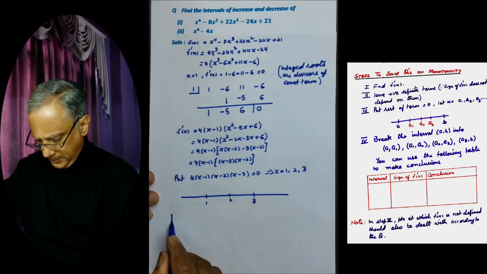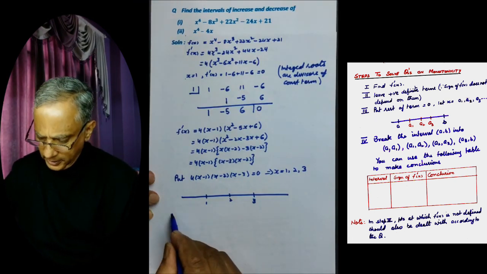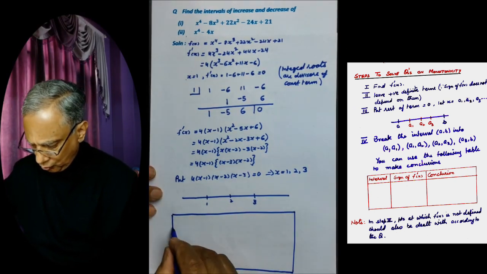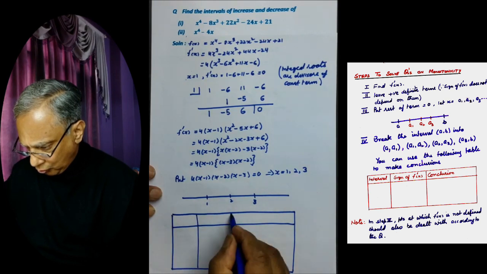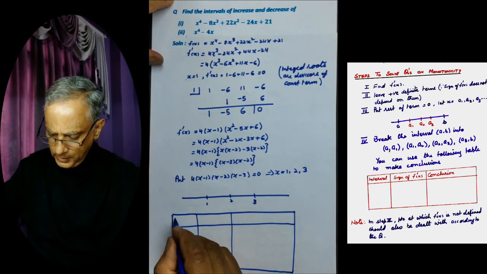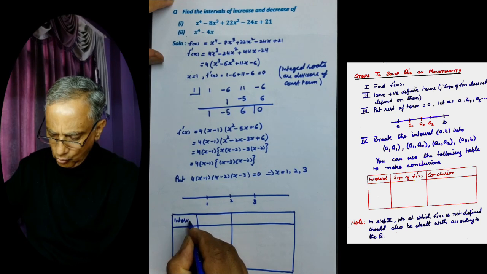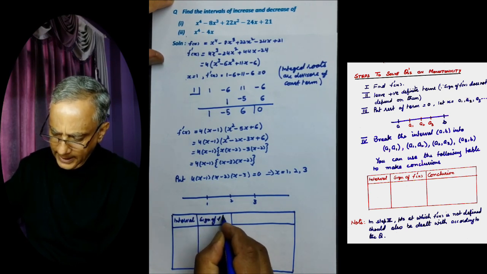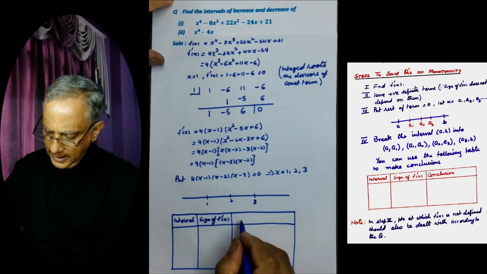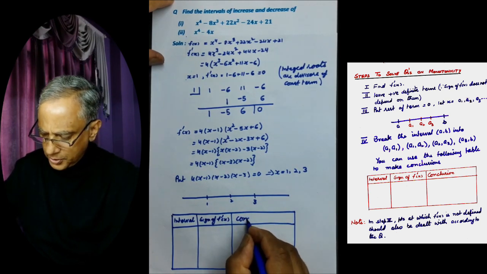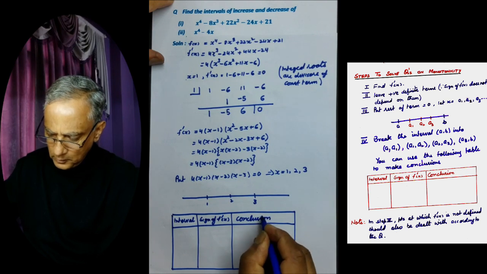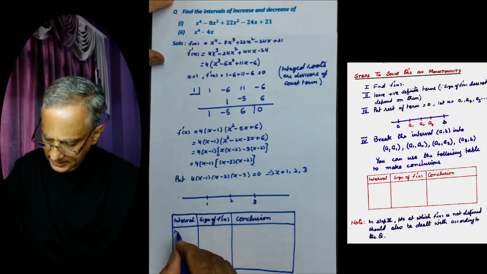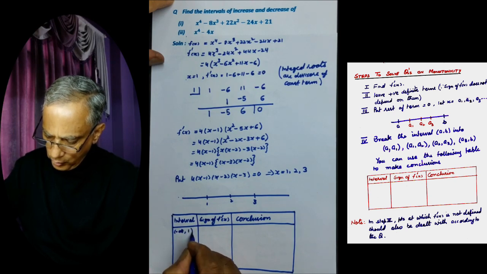We enter whole information in the form of a table. First column is interval. Second is sign of f dash x. And third is conclusion. Now first interval is minus infinity to 1.